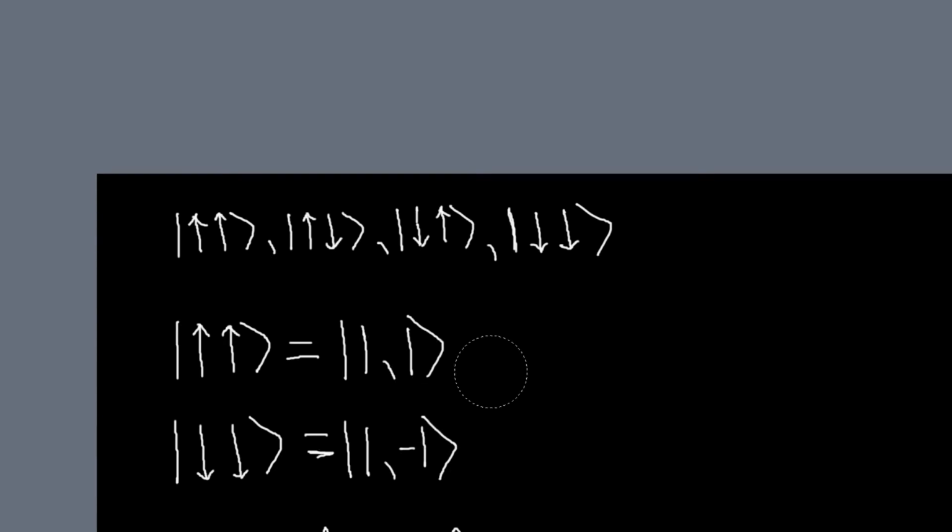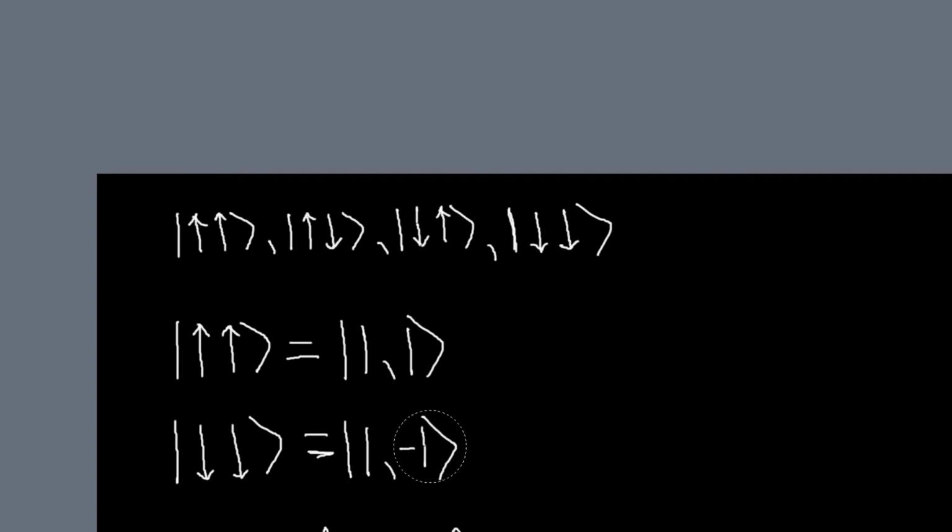So how can we really verify that this is true? Well, last time we were working with the spin raising and lowering operators, and we saw that for spin 1 systems we had 3 states: 1,1, 1,0, and 1,-1. We could get from one to the other by applying the lowering operator or the raising operator.